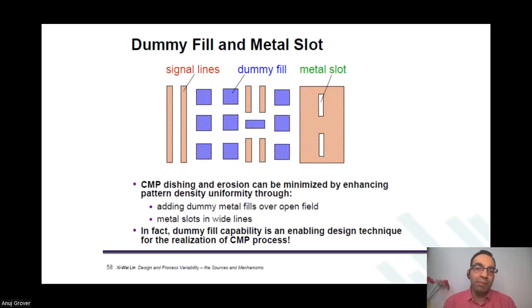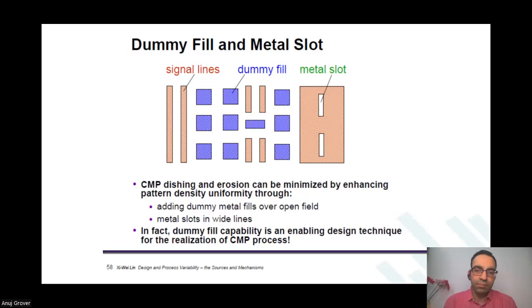You want the memory to behave exactly the way you want it. So inside the memory, dummy fills are not allowed. But outside the memory, in the standard cell logic region, dummy fills are done so that dishing, erosion and field loss do not happen, or whatever happens is systematically similar across all wires and all regions in the chip. Is that okay?